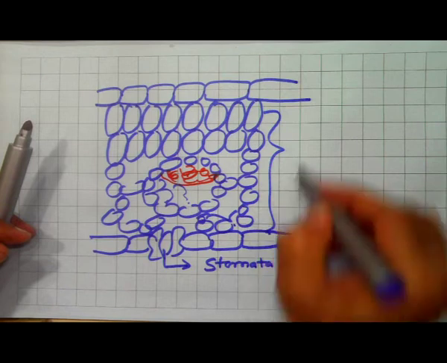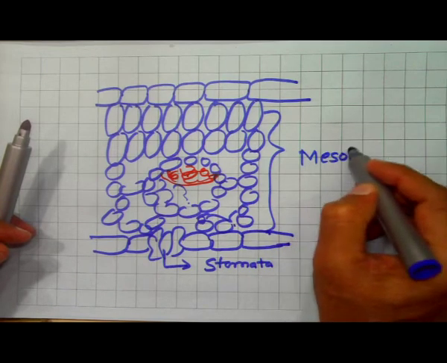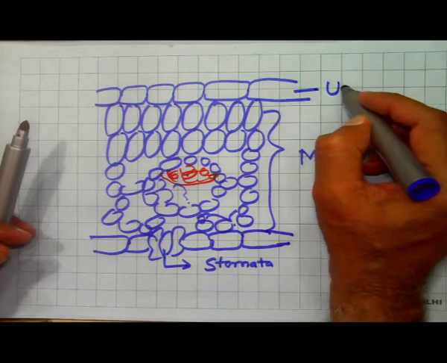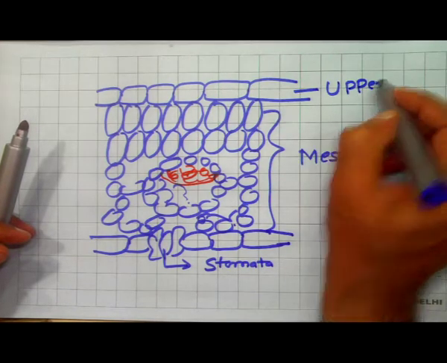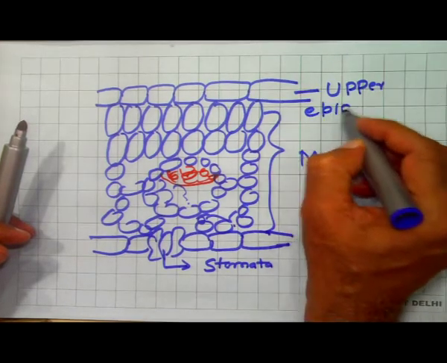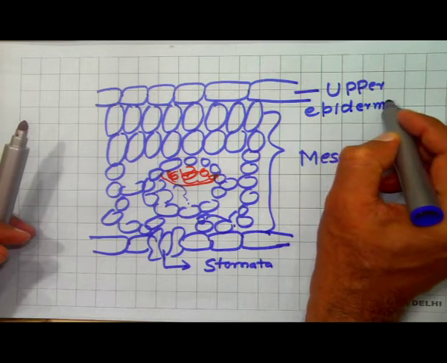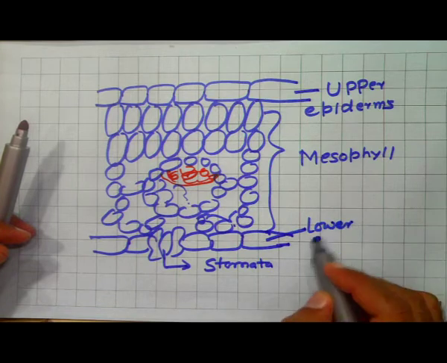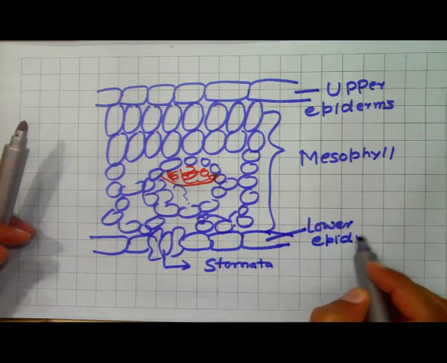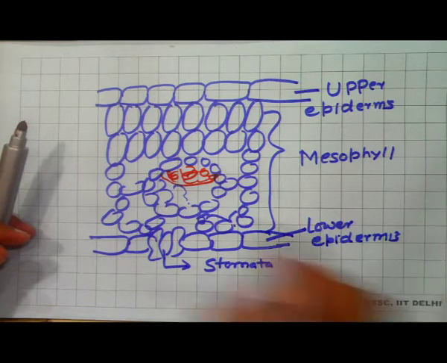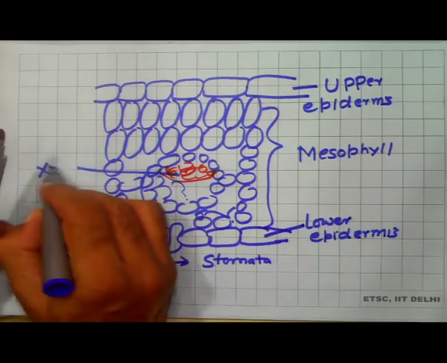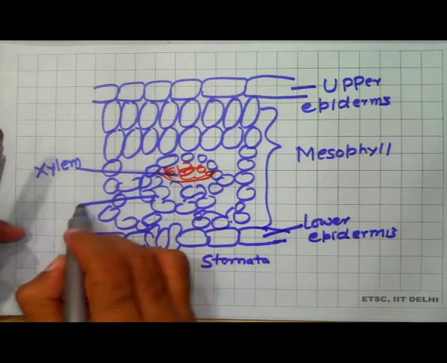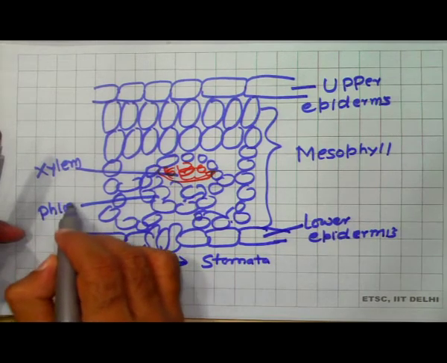This one is called mesophyll, this one the upper epidermis, this one the lower epidermis, this one xylem, and phloem.